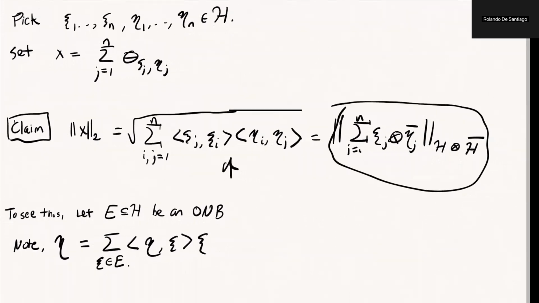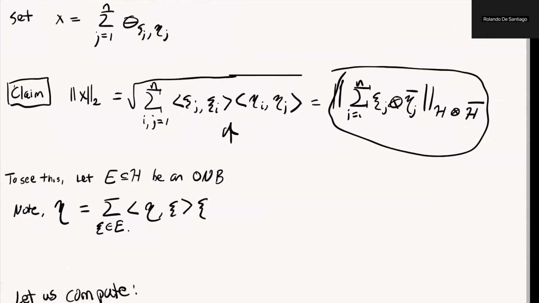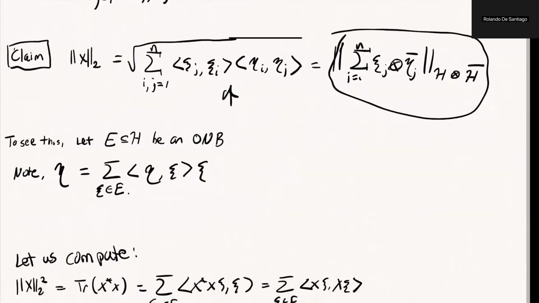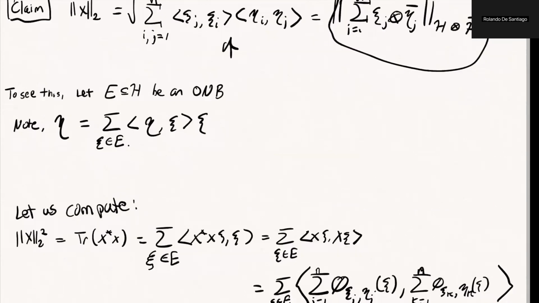All right, so to see this, start with an orthonormal basis. One of the benefits of working with an orthonormal basis is that if I want to write any vector as a linear combination relative to that basis, all I have to do is take an inner product, the one that I see here. Okay, so with that in mind, let's compute.